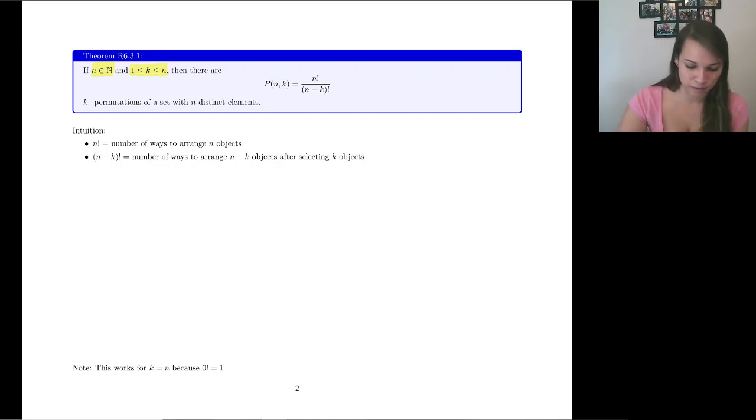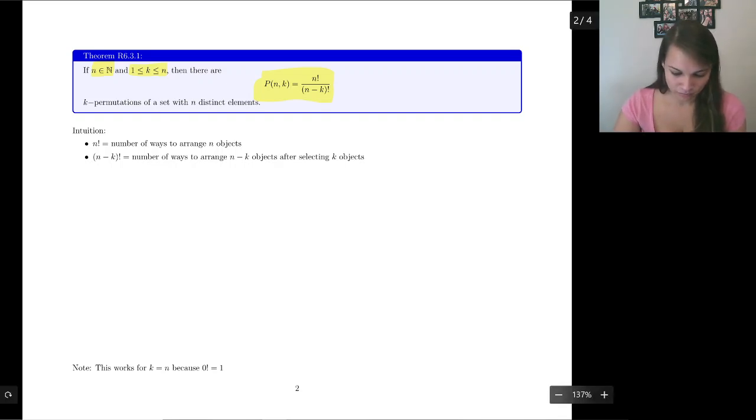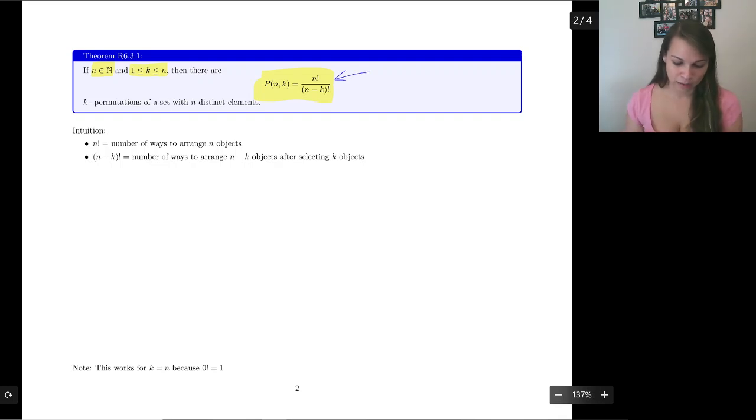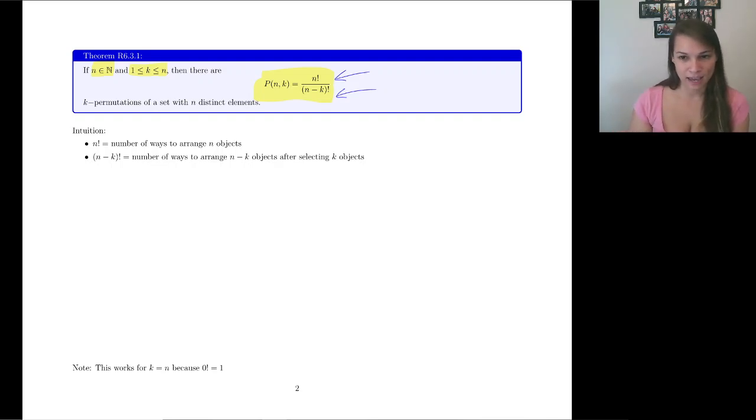Then there are going to be this many permutations from the n distinct elements. The intuition behind this is this top number is the number of ways that we could arrange all of the objects, and then the bottom is the number of ways we can arrange n minus k many after we've selected the k number that we do want.